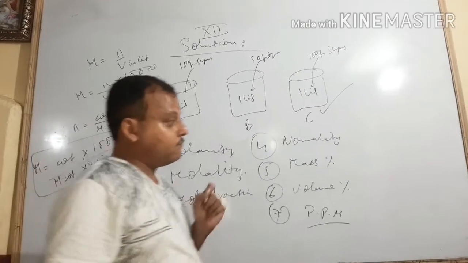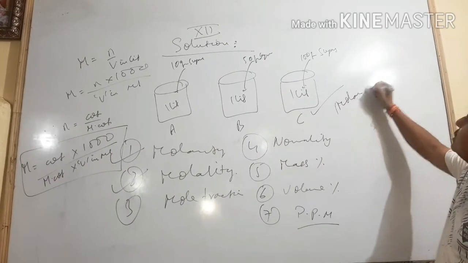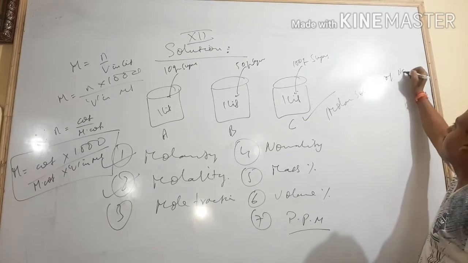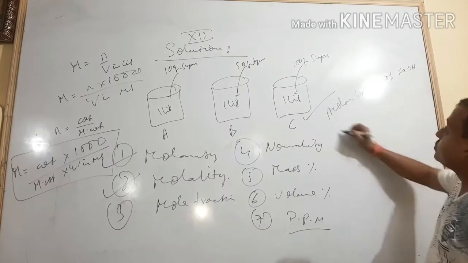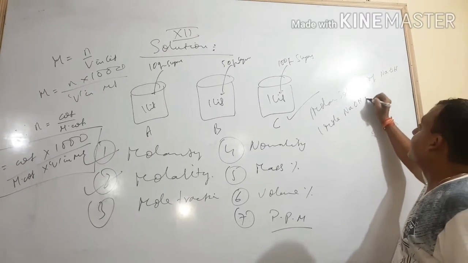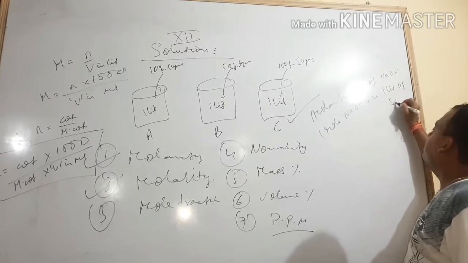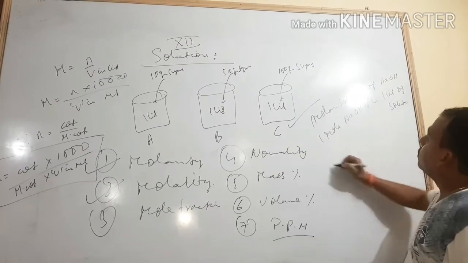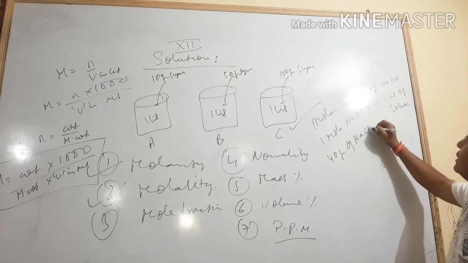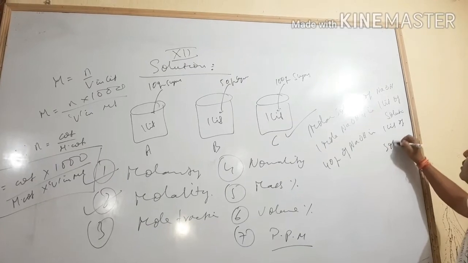Now, 1 molar solution of sodium hydroxide means 1 mole of sodium hydroxide, or 40 grams of sodium hydroxide, in 1 liter of solution.